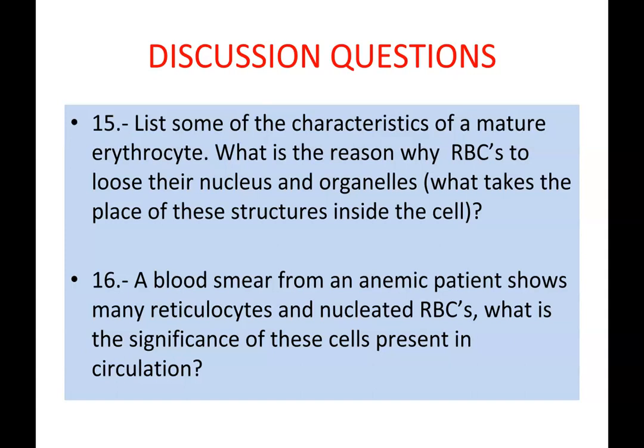I mean, their function is to carry hemoglobin, so they need to empty themselves of everything else so that they have more room for the hemoglobin. Down here it says a blood smear of an anemic patient shows many reticulocytes and nucleated red blood cells. What is the significance of that? So remember, reticulocytes and nucleated red blood cells should never be found in large concentrations in blood, especially nucleated red blood cells should never be found in blood.